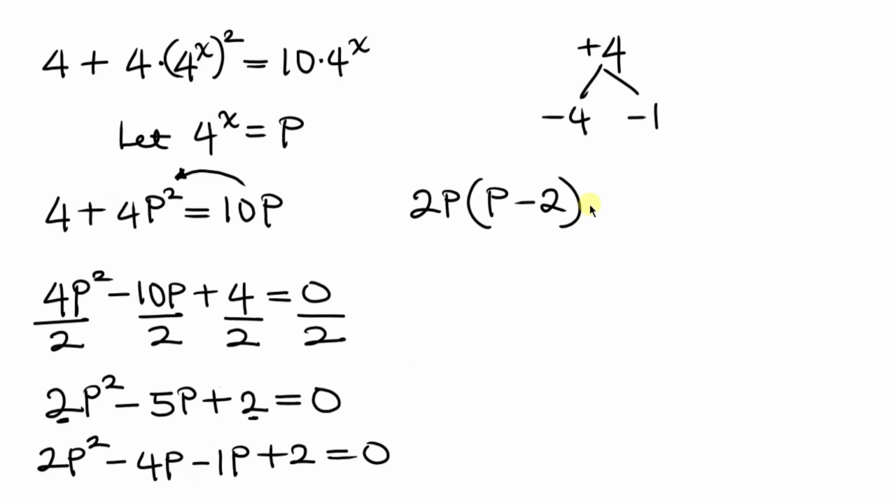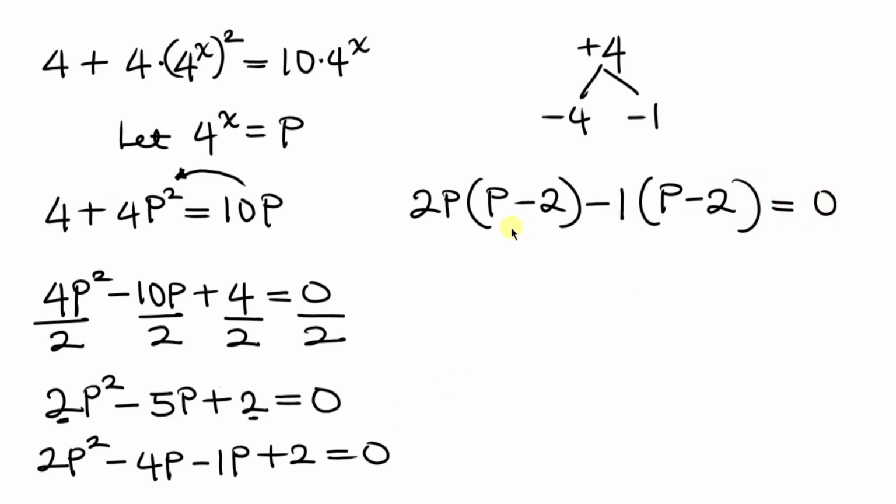Here I have minus. Now, 1 is common from these other two terms, so I'm going to be writing 1. Now, open bracket. This is negative 1p divided by negative 1, I have p. And then 2 divided by negative 1 is negative 2. And this is equal to 0.